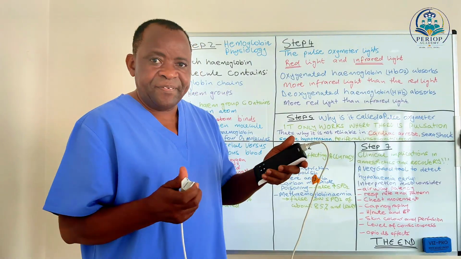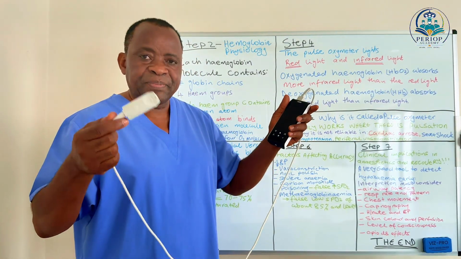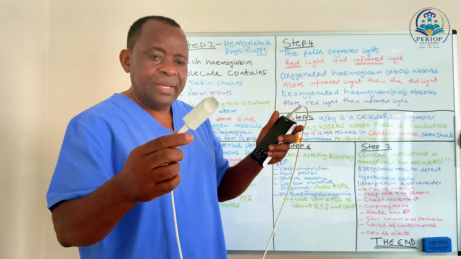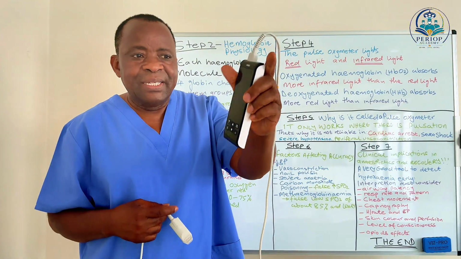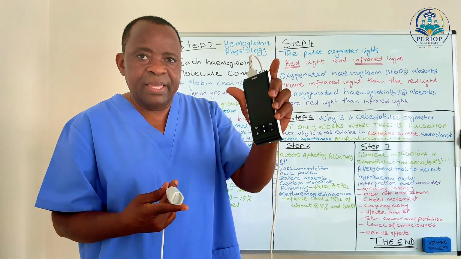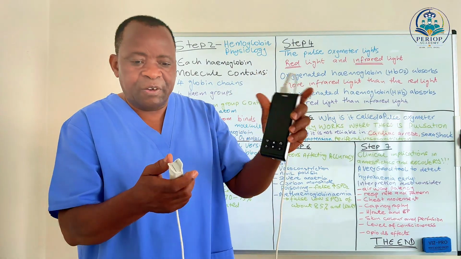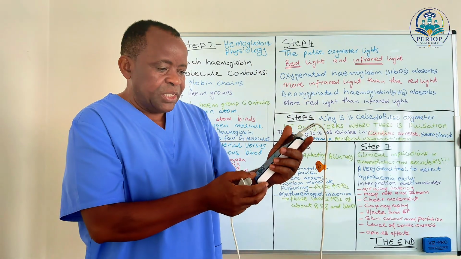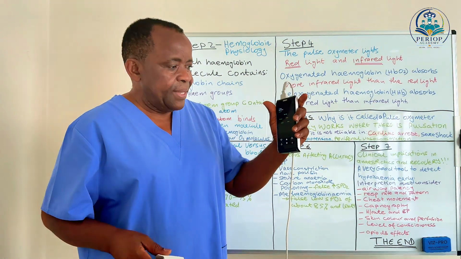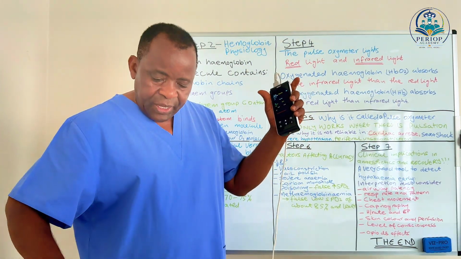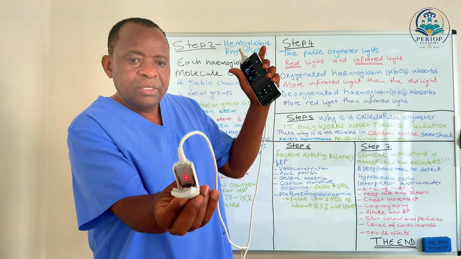So we have the pulse oximeter, the gadget itself, we have the probe, and we have the monitor, including the mechanism on how it works. I would say the machine itself in total. So I'll switch it on. It gives us the beep, says it is on, and I'll show you the light as we go along.